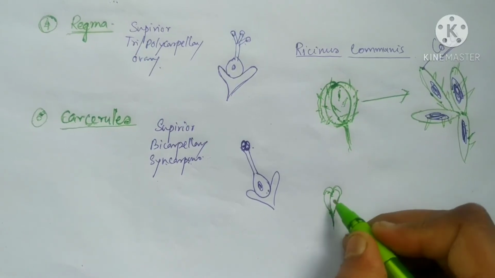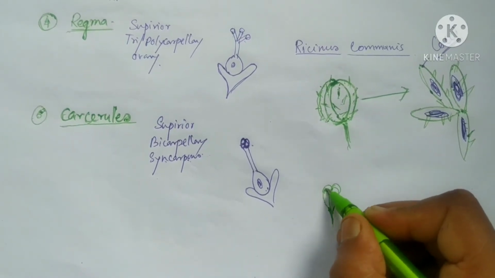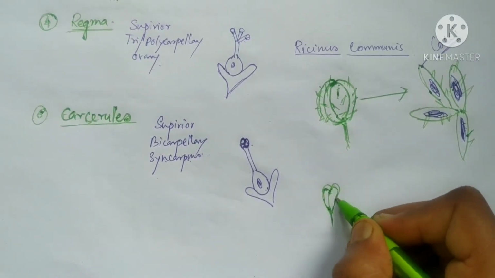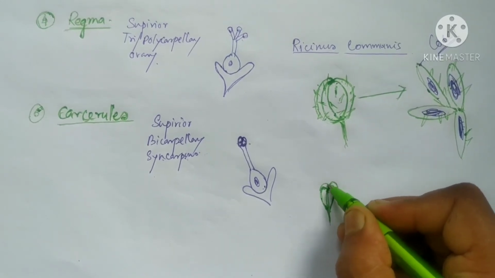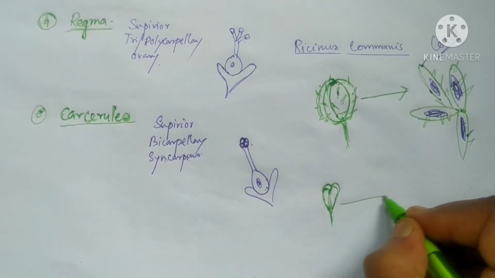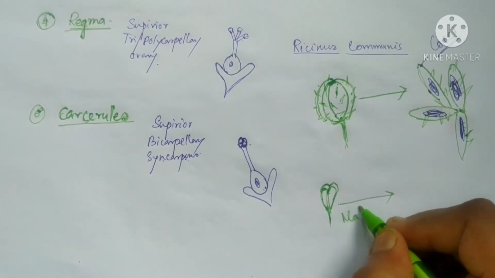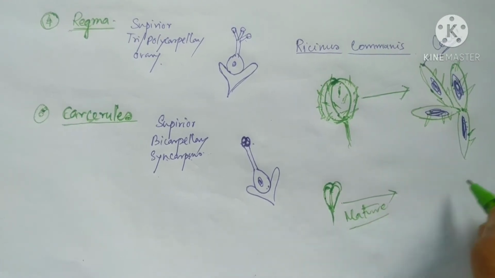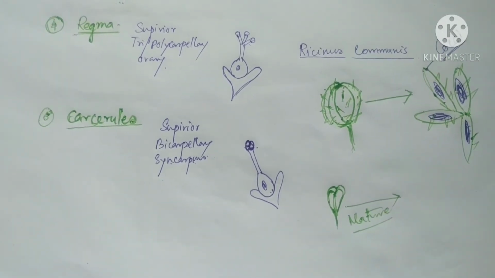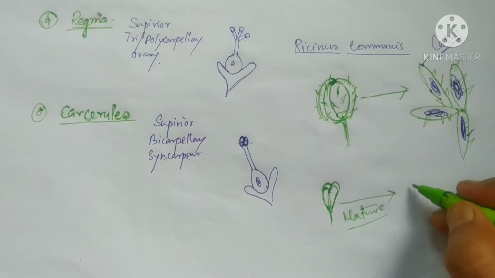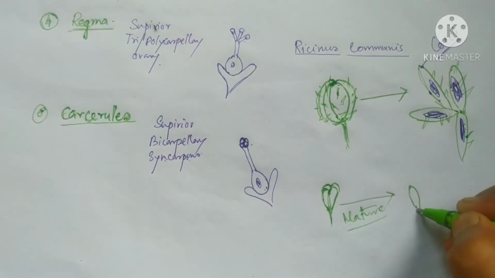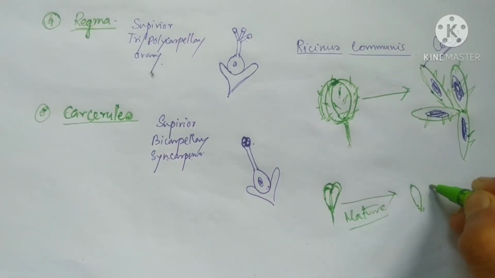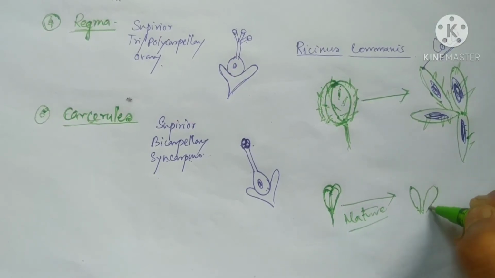Okay, each chamber contains a single seed, and after maturation of this fruit, each part separates from one another.